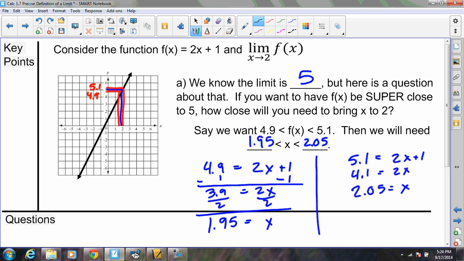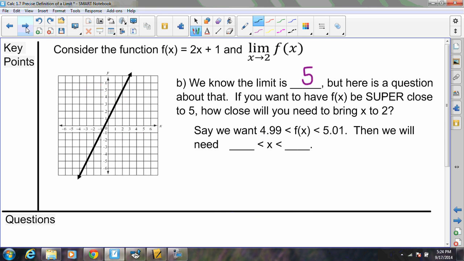Take the same problem, but instead of using 4.9 and 5.1, let's go more precise. Let's get even closer to 5. Well, same process. 4.99, we can figure out the x value that has to be paired with it. Subtract 1. Divide by 2.